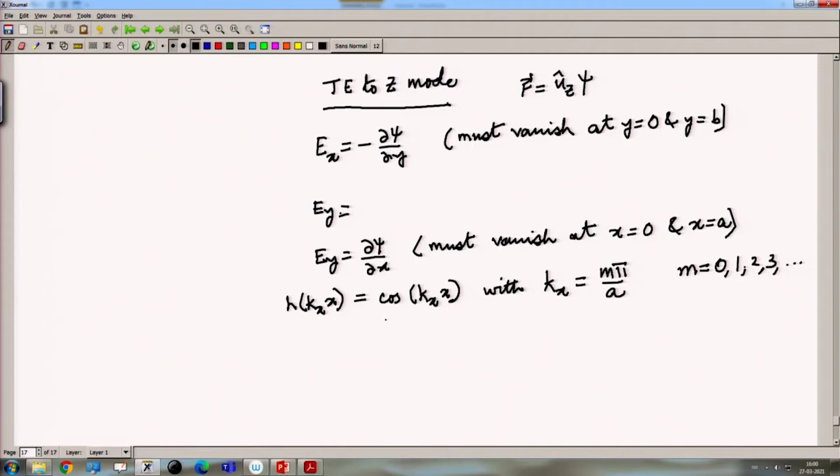Because we are dealing with the cosine function, we have m equal to 0 also as a choice.